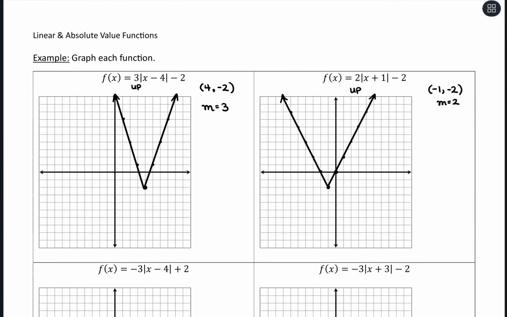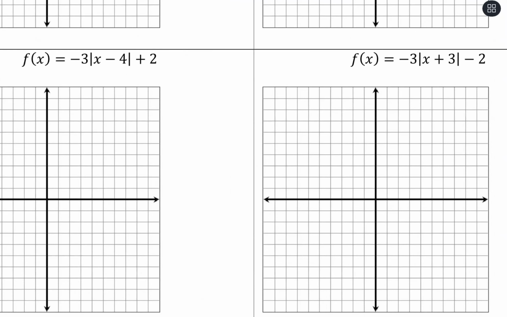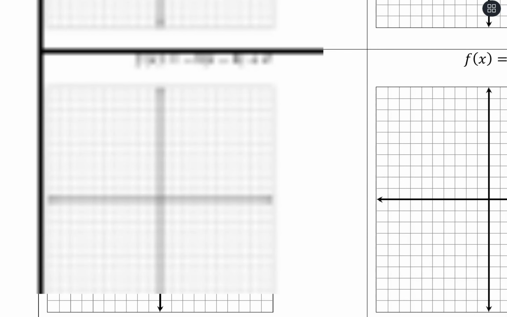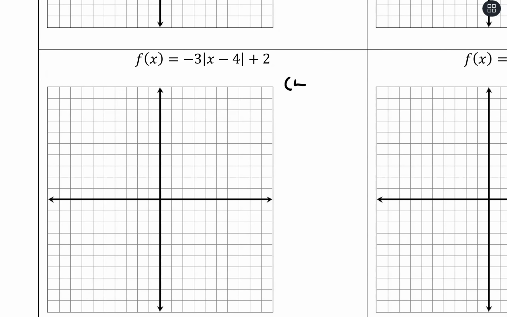All right, 2 more scenarios here. So corner of +4, +2. 0, 1, 2, 3, 4, 2. This is going to be opening downward, and we're working with a slope of 3. So now as I go to the right-hand side, I'm going to be using the negative slope of 3.